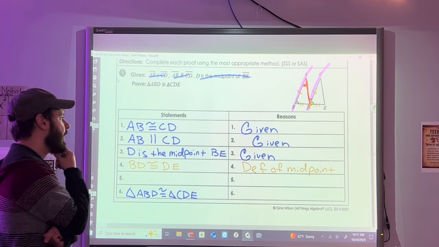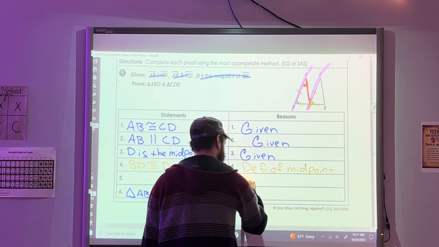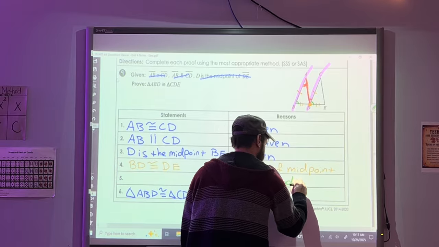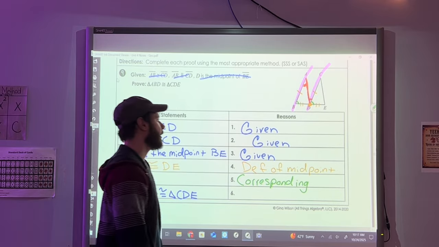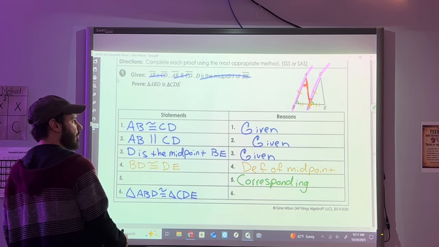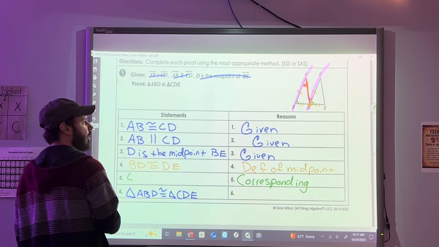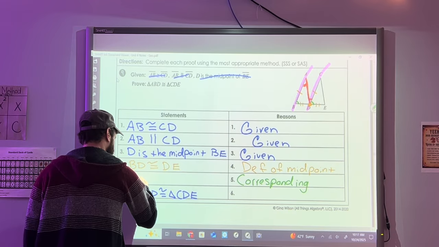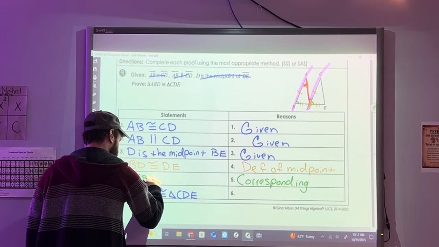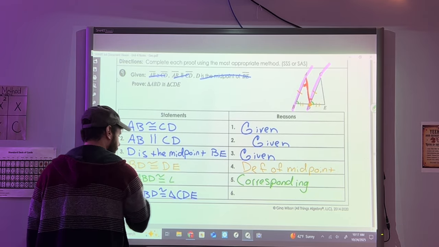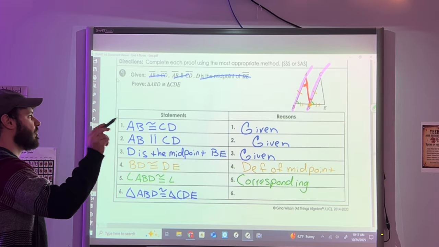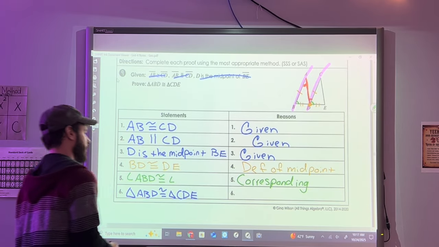When they're in the same spot, they're corresponding angles. Okay, so here I will say that angle ABD is congruent to the other angle. If I want ABD, I need to go CDE.